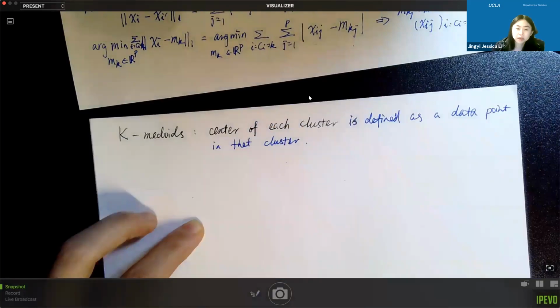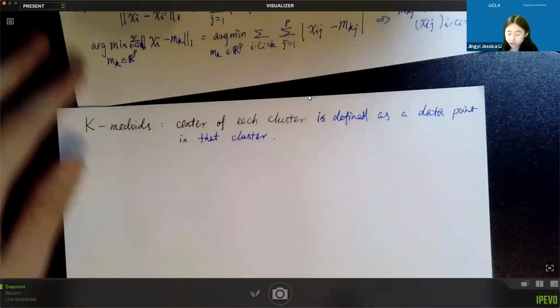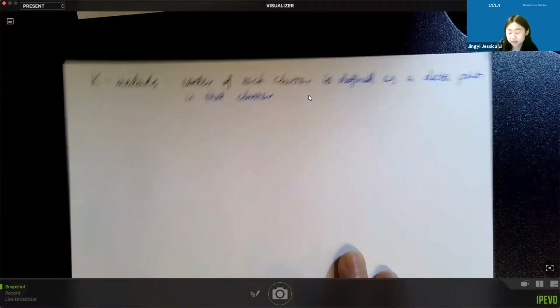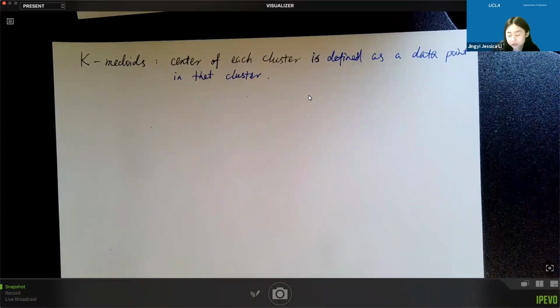This is not commonly used because usually we don't care what the center is. But in some special applications, if you really want the center to be one of your data points, not an average, not a median, then you can use this algorithm.